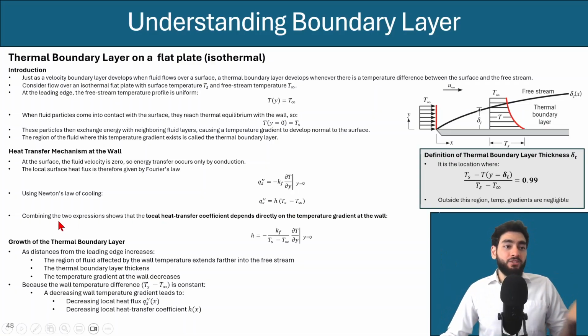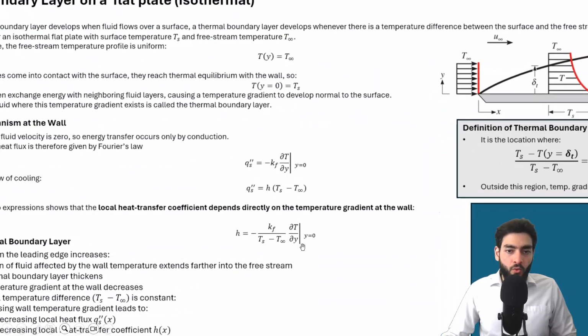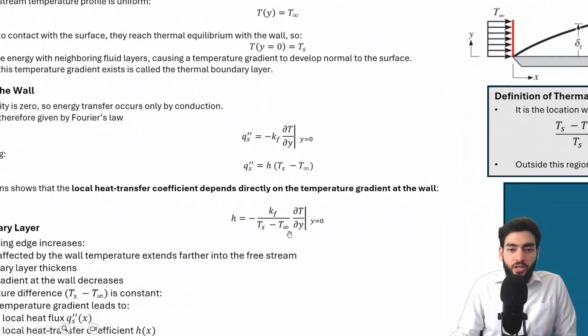Now, if you combine these two expressions, then you get the local heat transfer coefficient, and you get to see that it depends directly on the temperature gradient on the wall. So you get to solve for the heat transfer coefficient.